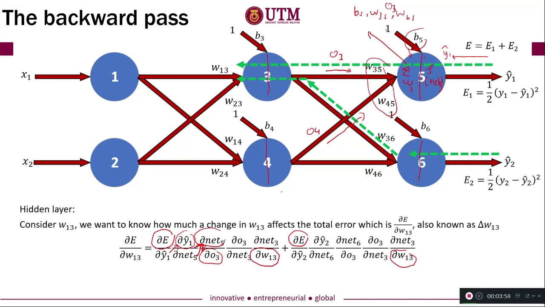So that means if you want to make sure that this expression can still be extended in this direction, you must not do del net with respect to del W35, because that will stop your expression there.